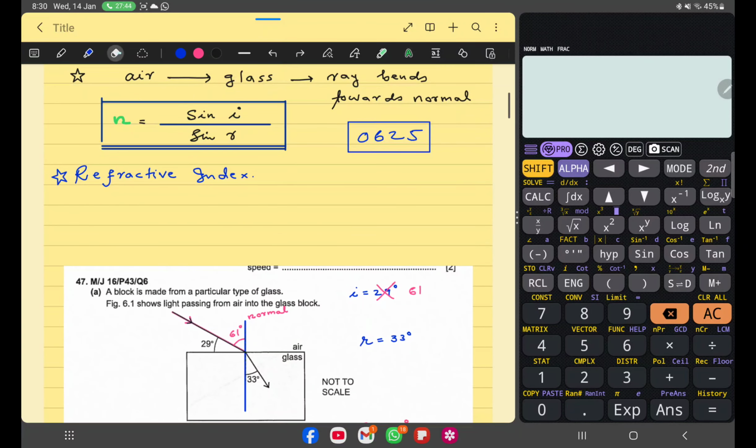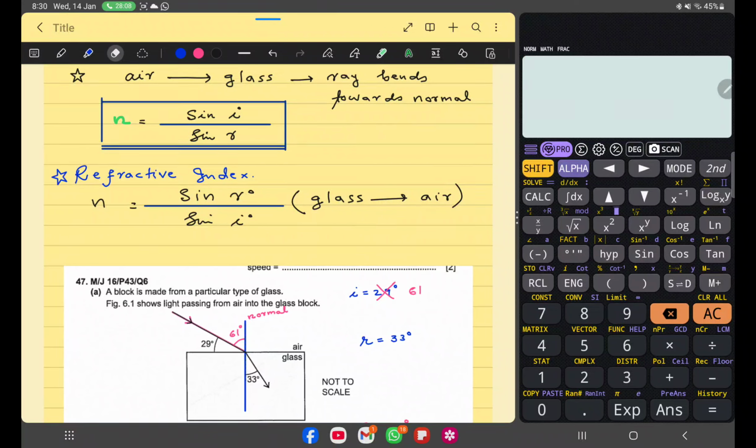Formula number one, sine I upon sine R, and the new formula is sine R divided by sine I, and this formula is used when light is traveling from denser medium into air.